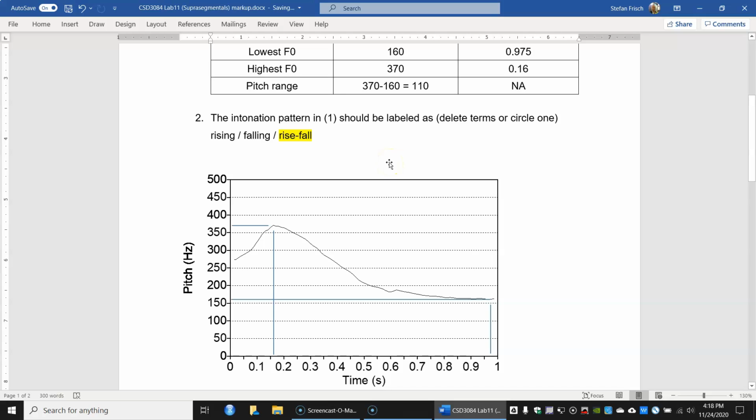And regardless of what the content of the sentence is, a lot of rise-fall intonation contours will look just like this on a pitch track, which you can get in Praat in the pitch menu by turning on the show pitch. And then there's a variety of ways you can display that, including the whole draw it out to the Praat picture window thing to make a nicer version like this one.